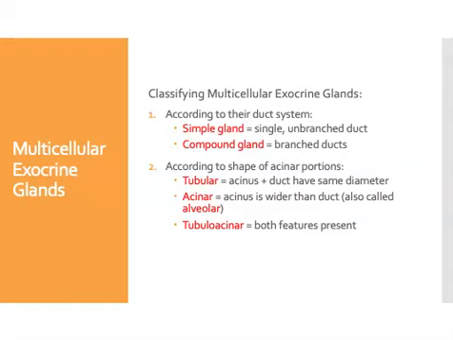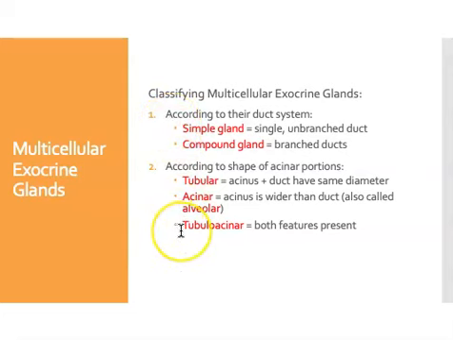While all multicellular exocrine glands have the same general features, there is quite a bit of variability from gland to gland in terms of the duct system and the shape of the acinus or the acini. On this slide, I've listed the different types of multicellular exocrine glands according to this other level of classification.